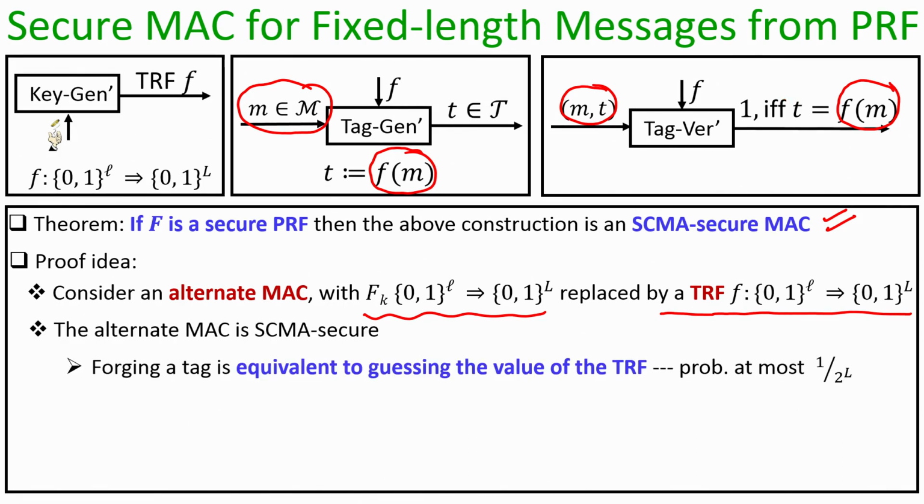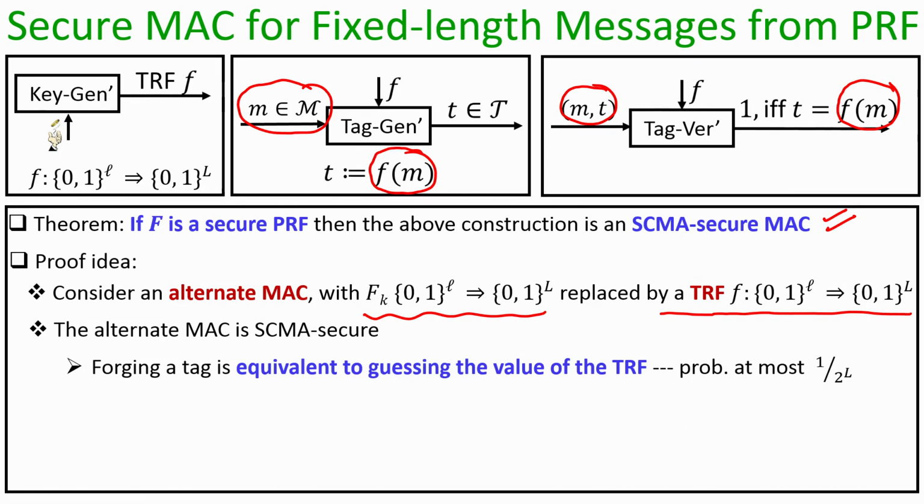Now, it is easy to see that the truly random function based MAC is definitely strong CMA secure. The reason is that if an adversary has seen the value of the tag on several messages of its choice in the CMA game in the past, and now wants to forge a tag on a new message, it basically has to guess the value of the truly random function on the new message on which it wants to create the forgery.